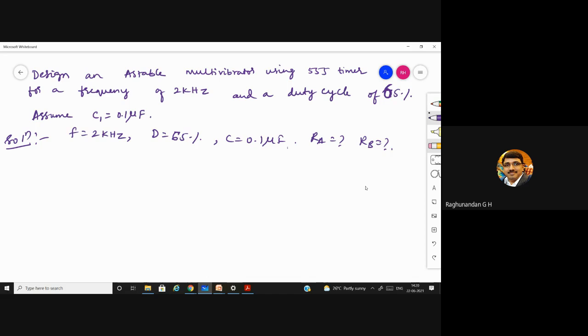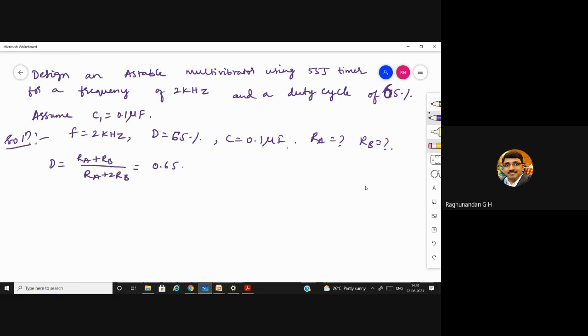To find them we need to use the equations we have just discussed, the duty cycle equation and the charging and discharging time equations. We know that D is equal to (RA plus RB) divided by (RA plus 2RB), which is equal to 0.65.